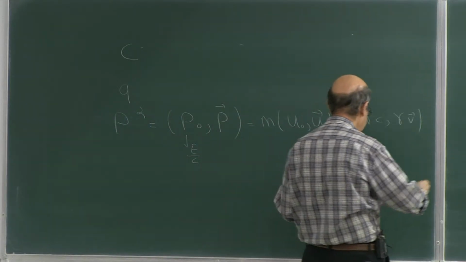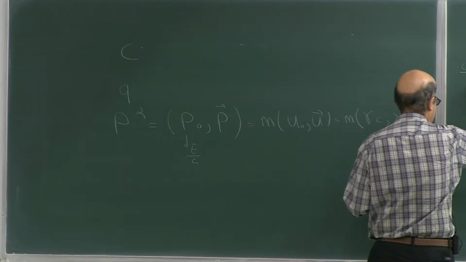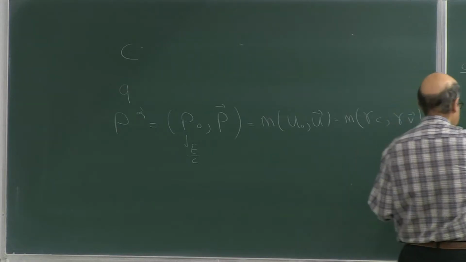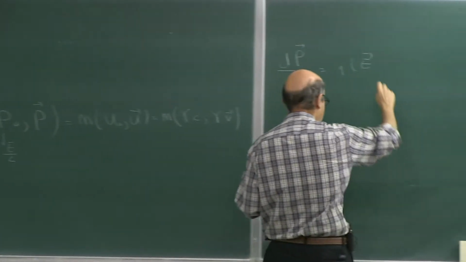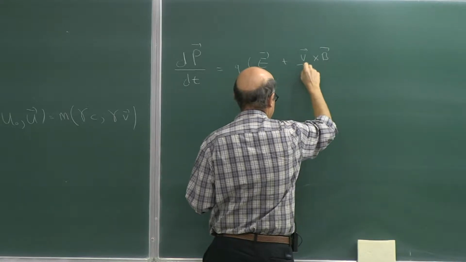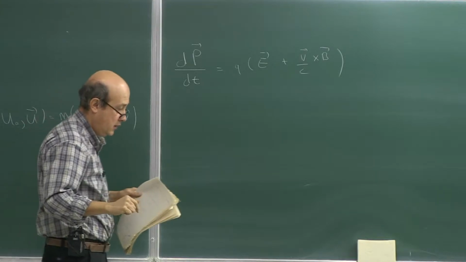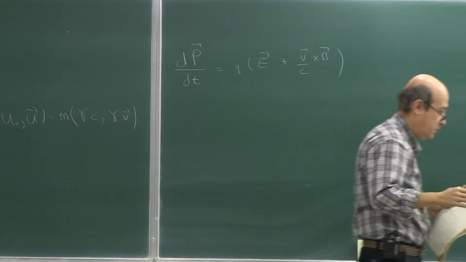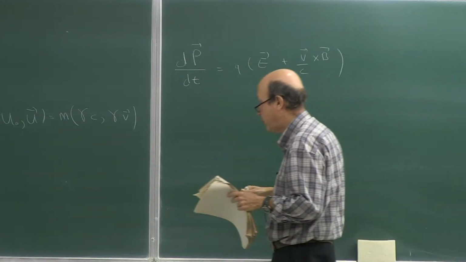Very simply, the Lorentz force, the rate of change of momentum in time, is equal to Q times the electric field plus v cross B over c in Gaussian units. We have now switched to Gaussian units. In this new chapter we will use Gaussian units. Up to now we used standard units, but you learned to switch from standard units to Gaussian units in the first part of the course.